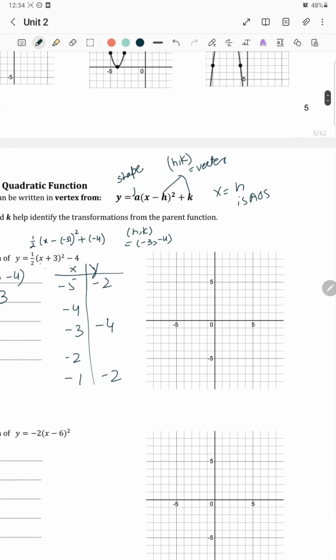So let's plot minus 5 and minus 2, minus 3 and minus 4, minus 1 and minus 2. So we get the 3 points, because we know a quadratic function has the shape of a parabola.